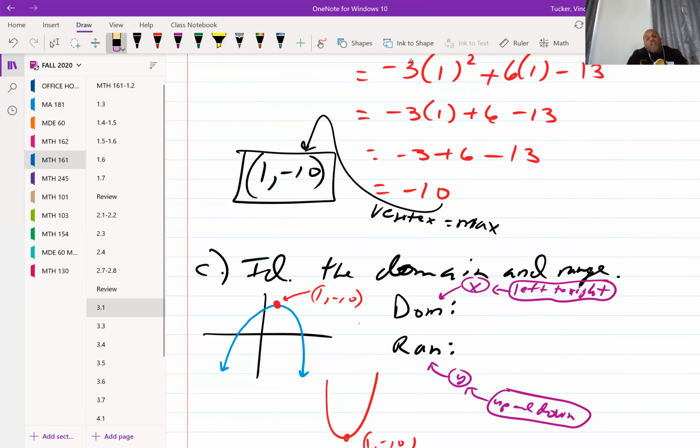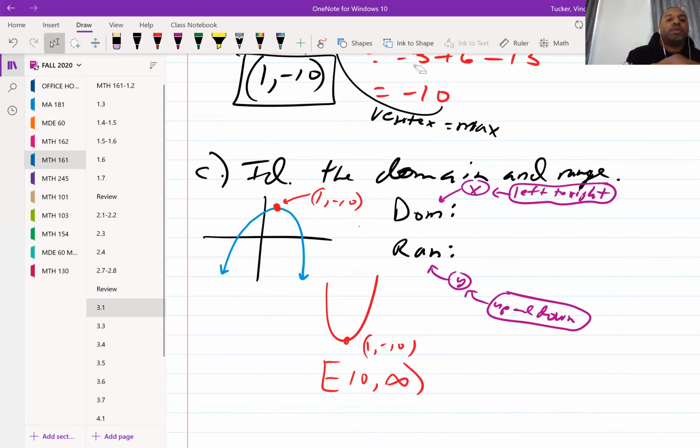All right, so they tell us to identify the domain and range. When you look at just a very rough sketch of our parabola, our maximum value is (1, -10).